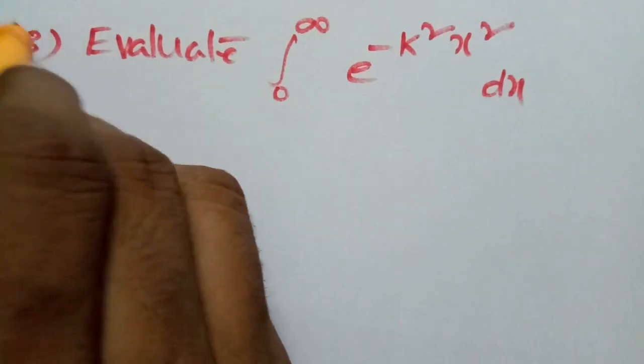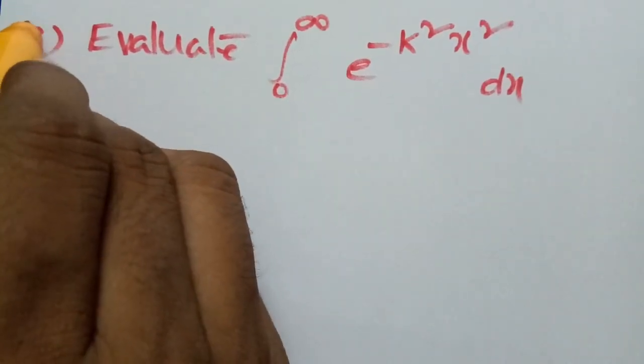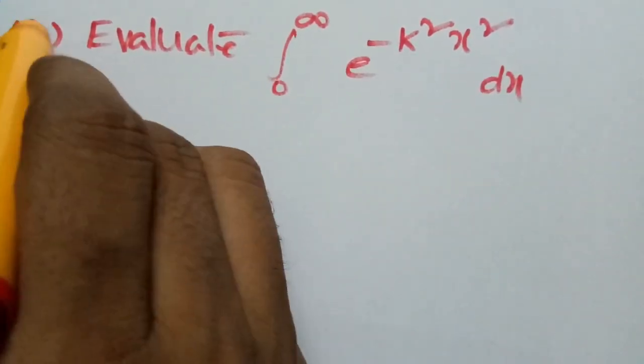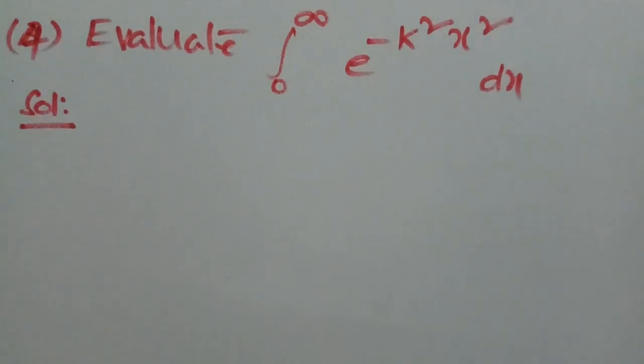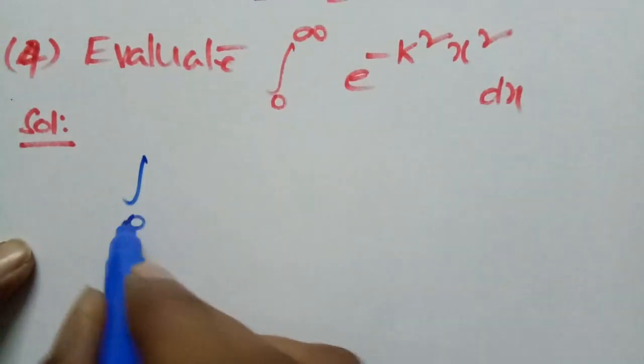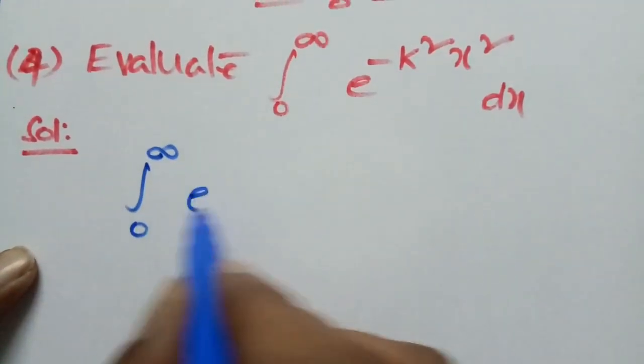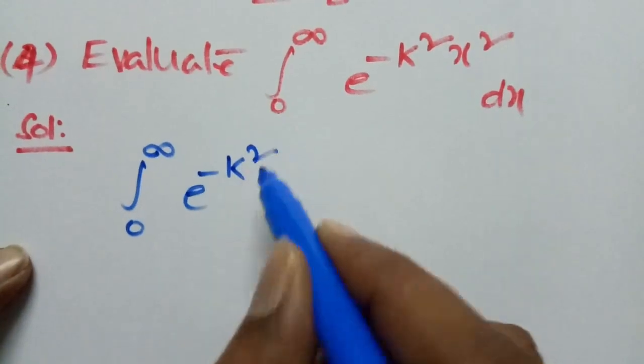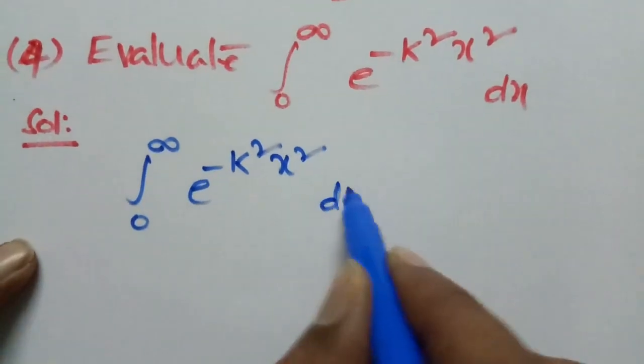Previous one is the third one, this is the fourth one. Sorry, this is fourth one. Now take the given integration, integral 0 to infinity e power minus k square into x square dx.